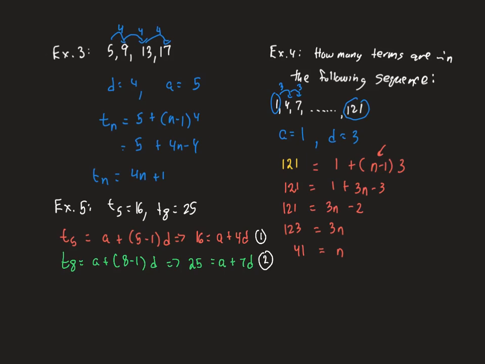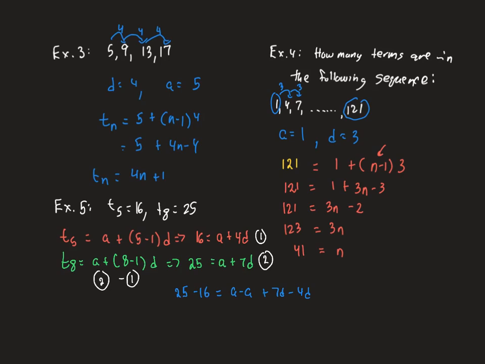So let's do equation 2 and subtract equation 1 from it. So we're going to be solving this through elimination here. So I'd have 25 minus 16 is equal to A minus A plus 7D minus 4D.